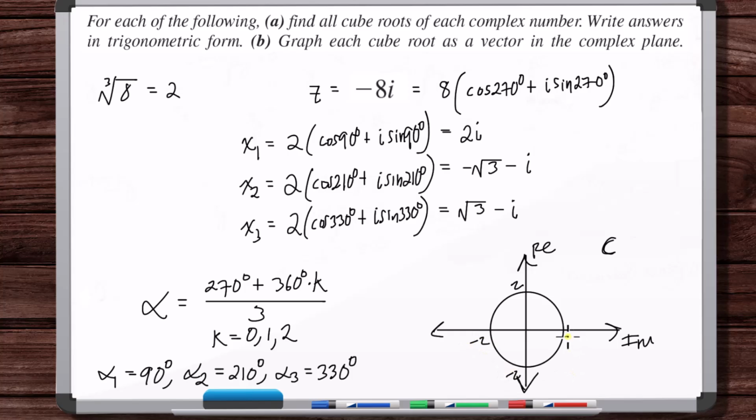Now we start at 90, and then 210 would be a 30-degree reference angle, like around there, and then 330 would be a 30-degree reference angle here. And there we go. So we start off at 90. We've got x1, x2, x3.